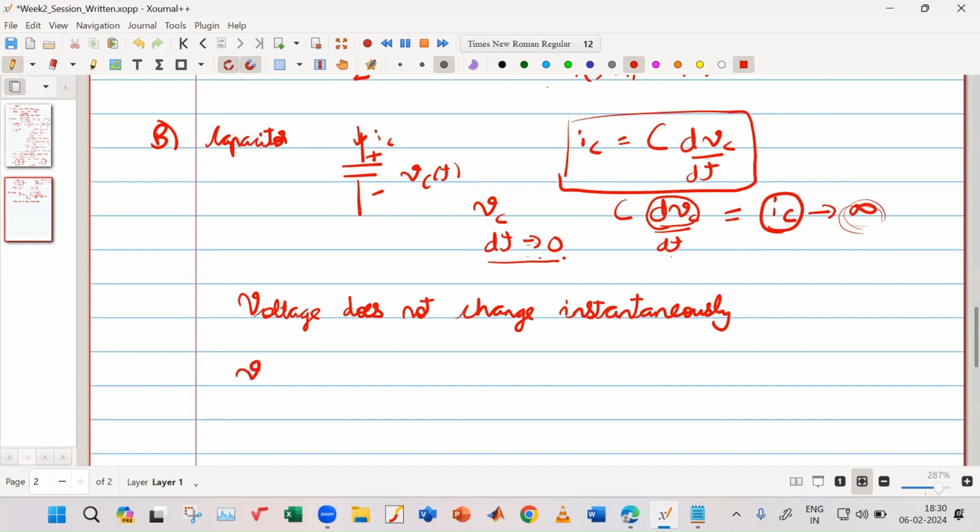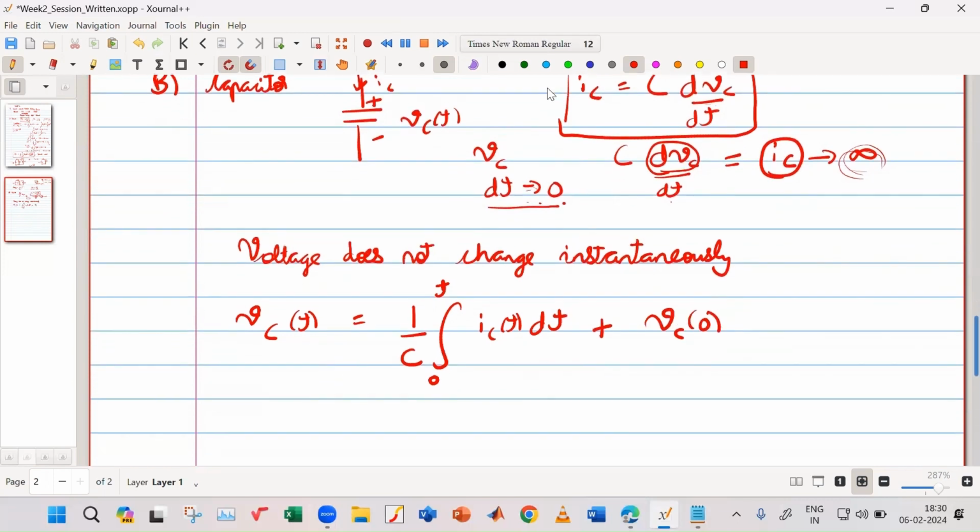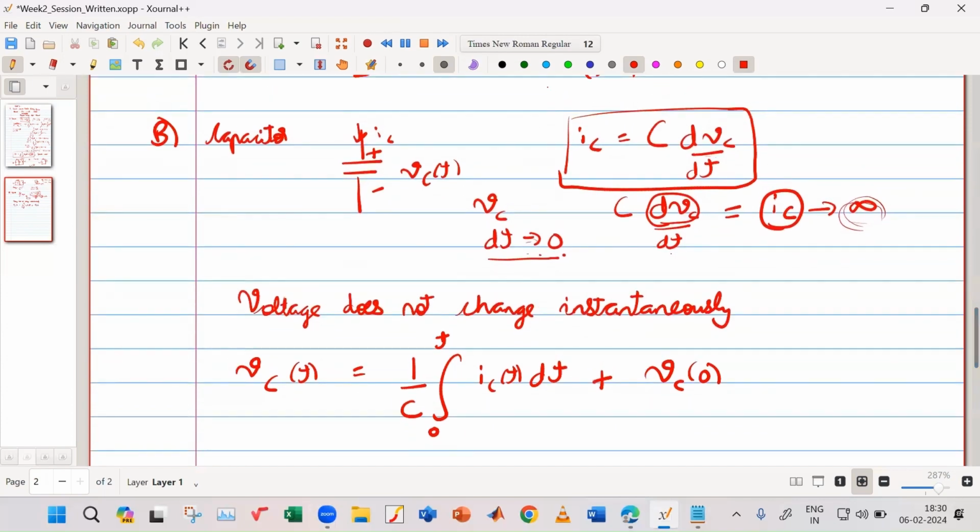So your Vc will be 1 by C, integration of the current flowing in the capacitor into dt, with limits from 0 to t, plus your Vc of 0. This is your Vc of 0. I've just integrated this equation considering limits 0 to t, and this will be the expression you will get.